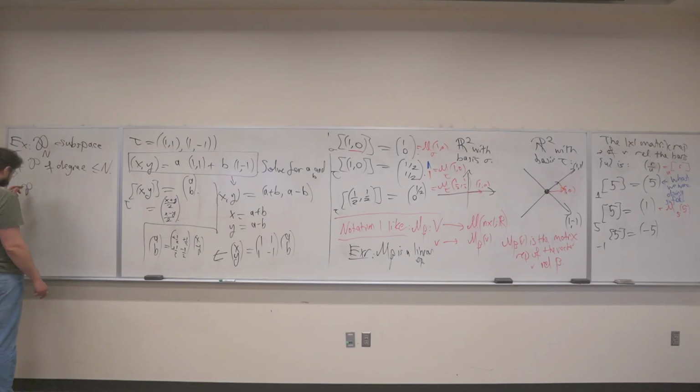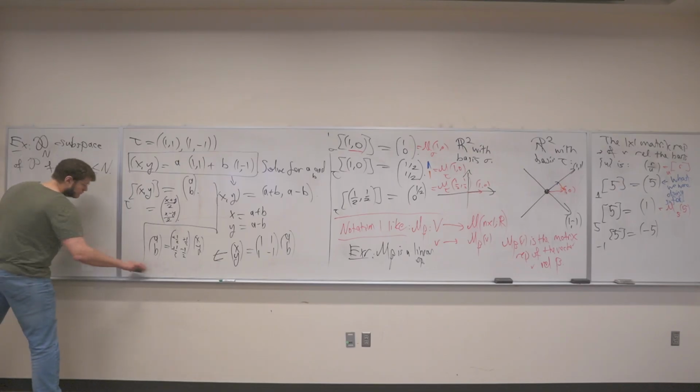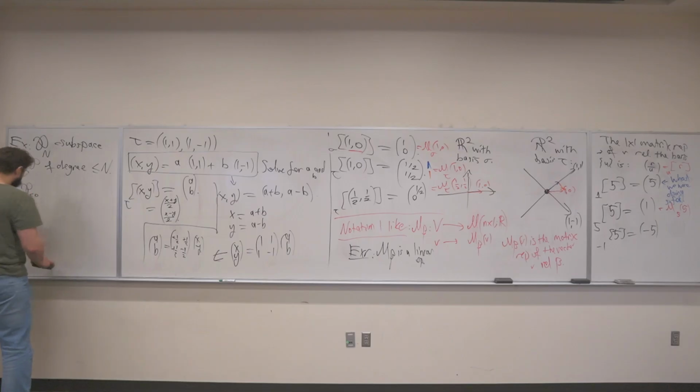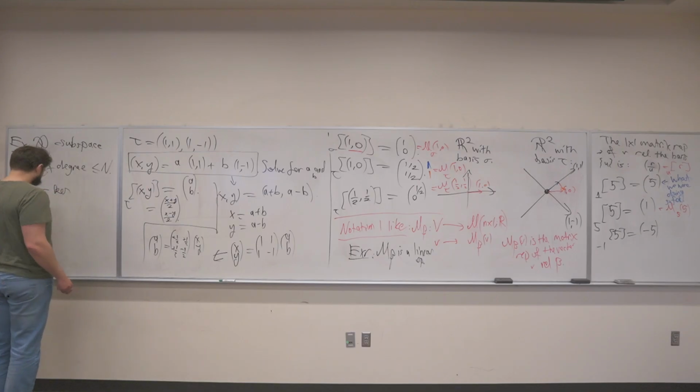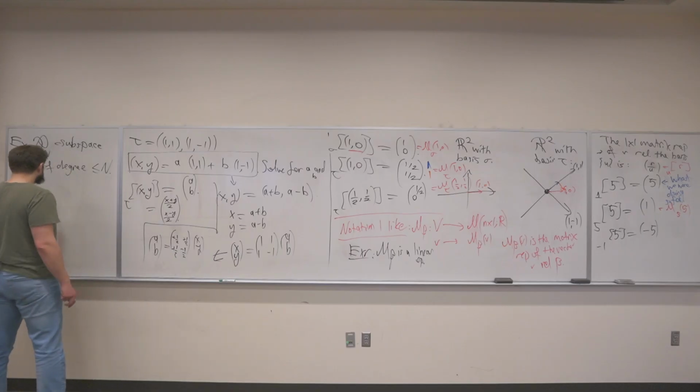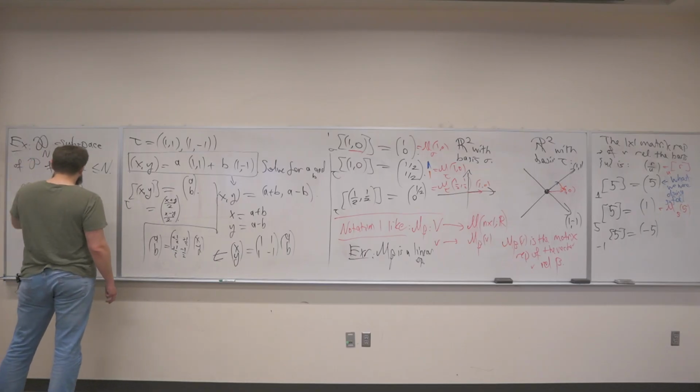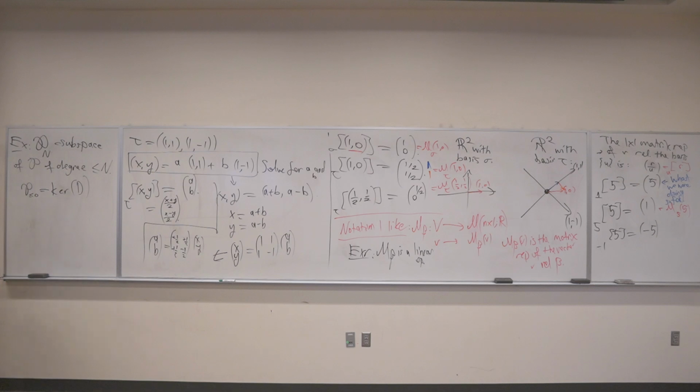So degree 0, if your degree is upper bounded by 0, this is the space of constant polynomials. Yesterday we showed how this is the same thing as the kernel of differentiation. Okay.